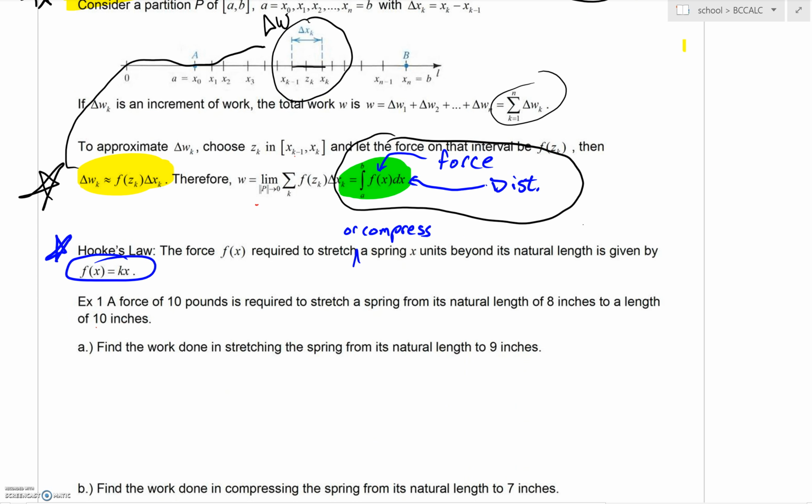So Hooke's law, you can see right here, Hooke's law is definitely something that comes into play a lot in physics. We've also used it in math before too. The force, f of x, required to stretch, or please add this, or compress a spring, so we can either stretch it out or push it in, compressing it, x units beyond its natural length is given by f of x is equal to some constant k times x.